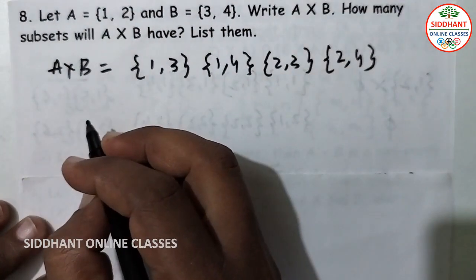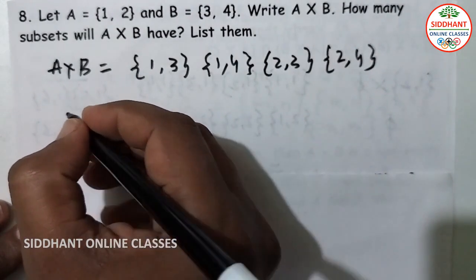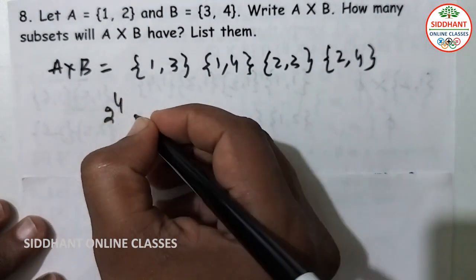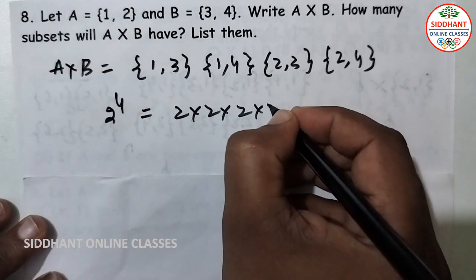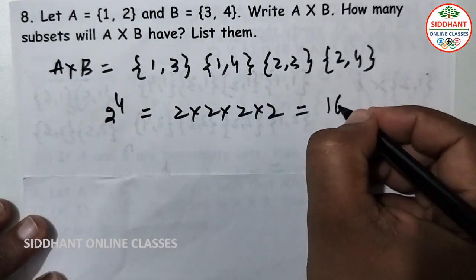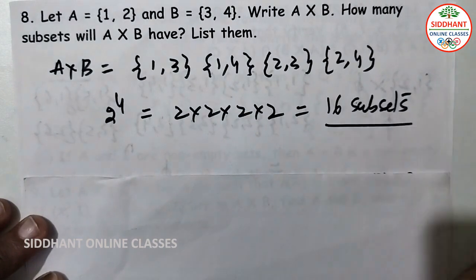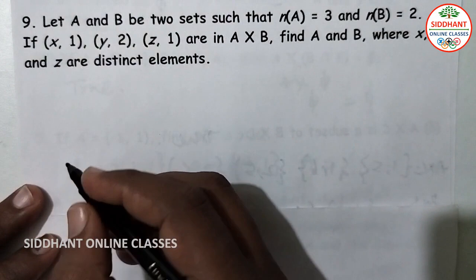This is A cross B. So how many subsets are there means that it will be 2 to the power of 4. That will be 2 into 2 into 2 into 2. So that will be 16 subsets.